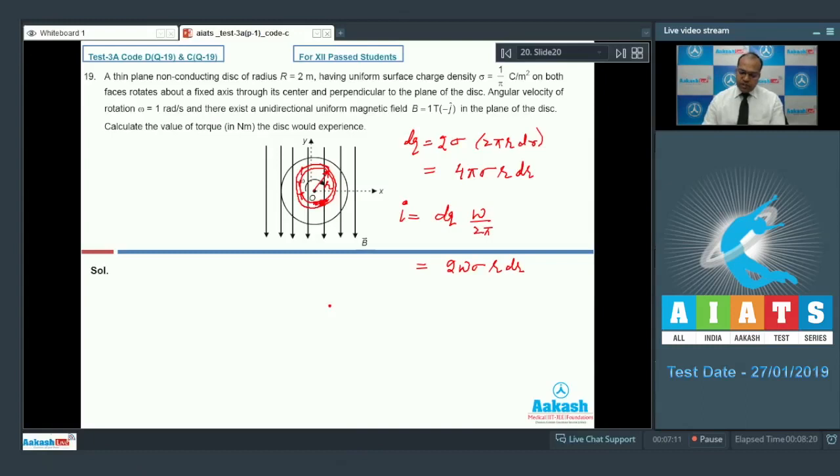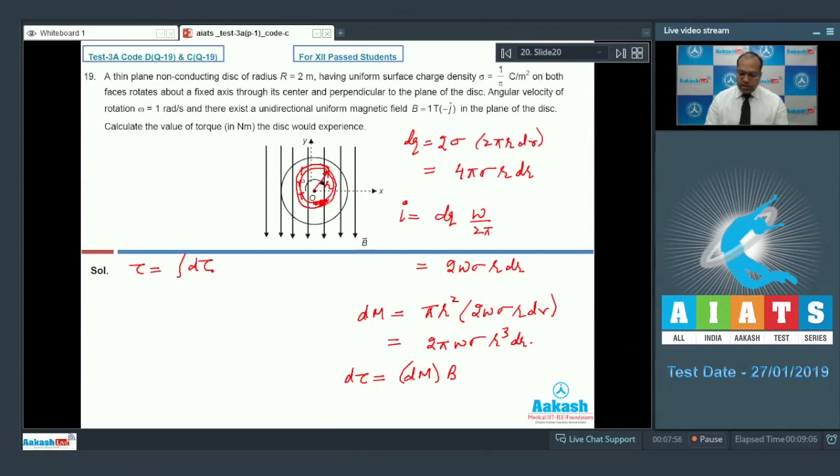If I write the magnetic moment of this considered element, that can be written as dm is equal to pi r square into i, that is 2 omega sigma r dr. If I solve this further, it can be written as 2 pi omega sigma r cube dr. Because the magnetic moment is perpendicular to the magnetic field, the magnitude of torque is dm into B. So d tau can be written as dm into the uniform magnetic field B. Since the torques due to different elements are in the same sense, the net torque experienced by the disk can be written as integration of d tau, and the variable is small r, that varies from 0 to capital R. If I solve this, it comes out to be pi omega sigma B R to the power 4 by 2.